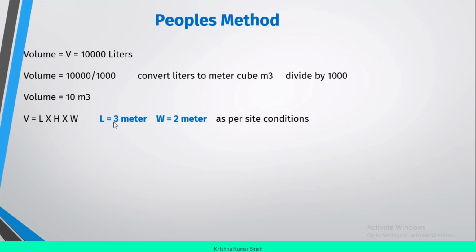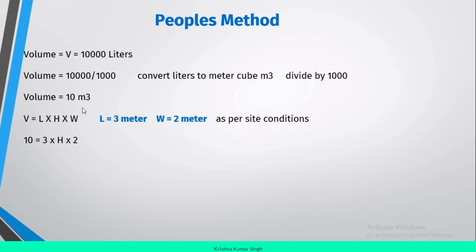You can set your two dimensions by visiting your site, or you can check from the architectural drawings, right? You can set one dimension, length, as 3 and width as 2. V is volume, which is 10.